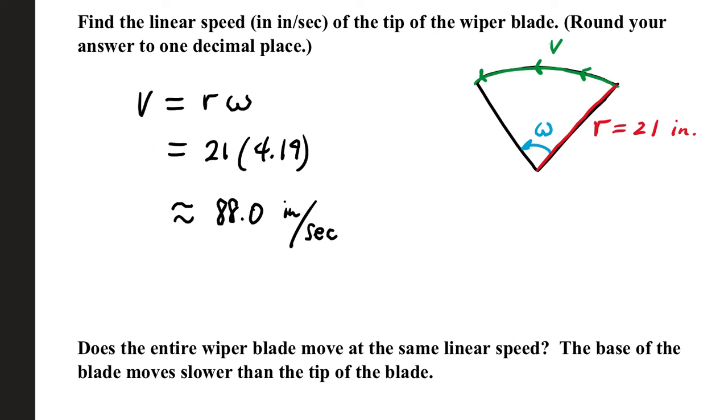On the previous slide, we found the angular velocity to be 4.19 radians per second. The radius is 21 inches, so 21 times our angular velocity is approximately 88 inches per second. So that tip of the blade is hauling 88 inches in 1 second.